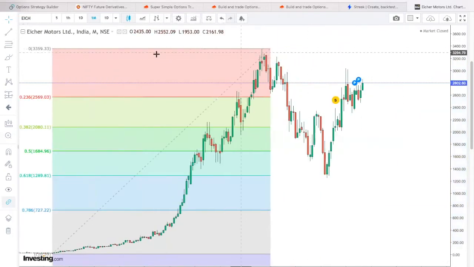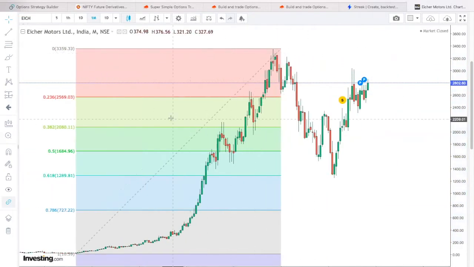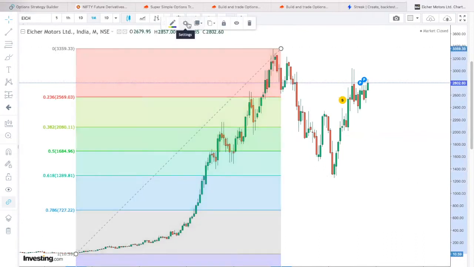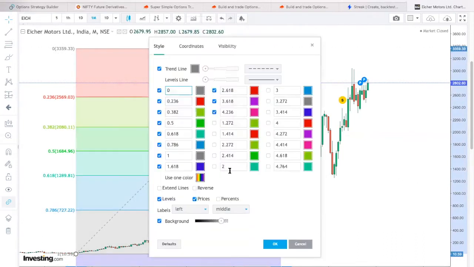Now what we need to do, we need to click on any line, whichever you have, almost 7-8 lines now. Once you click on this line, you'll get the settings. Click on the settings and click on extend lines. Just note it down.